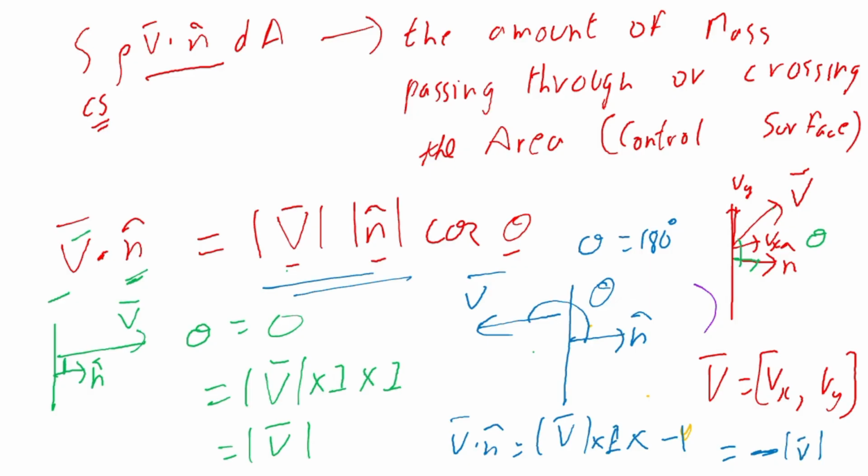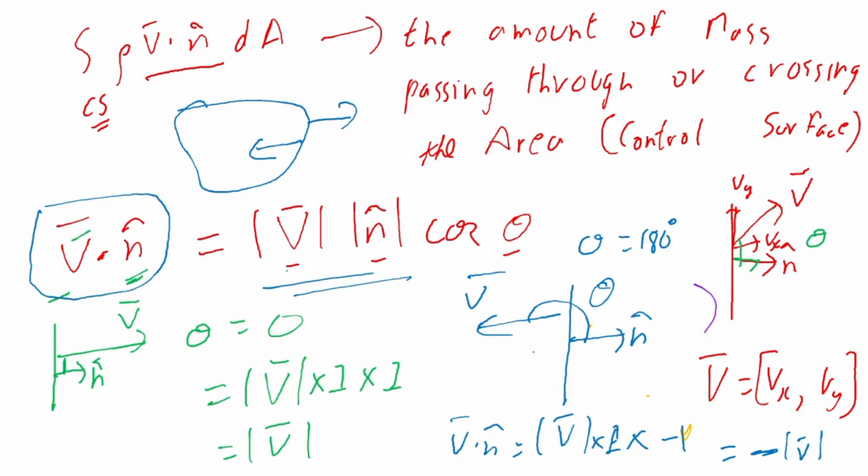So what this v dot n expression is doing is accounting for the sign. If you have a control volume, it automatically accounts for whether mass is entering or leaving the control volume. Depending on that, it will make it either positive or negative.